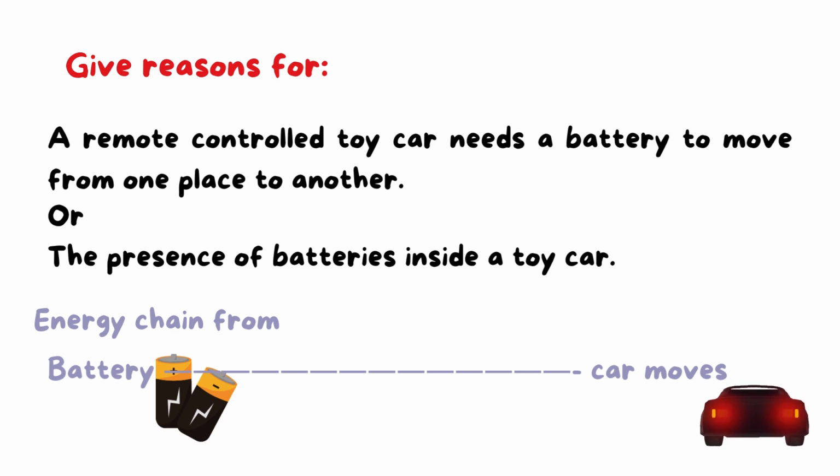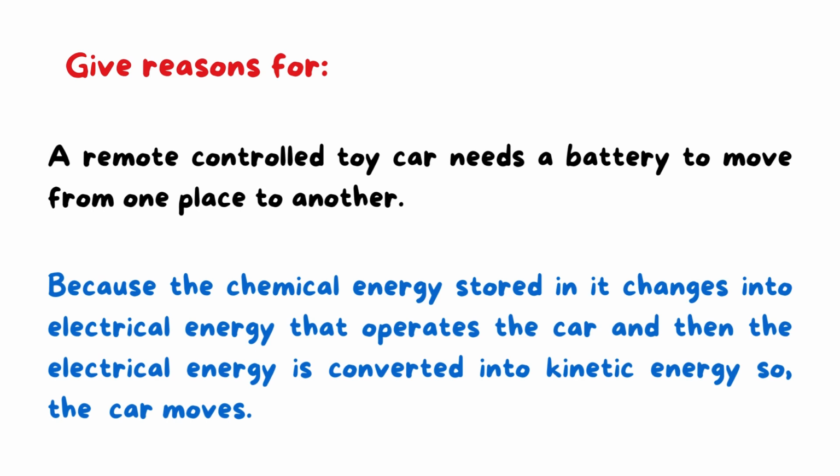Here we will answer by the energy chain from the battery until the car moves. As you see here, the answer: because the chemical energy stored in the battery changes into electrical energy that operates the car, and then the electrical energy is converted into kinetic energy, so the car moves.